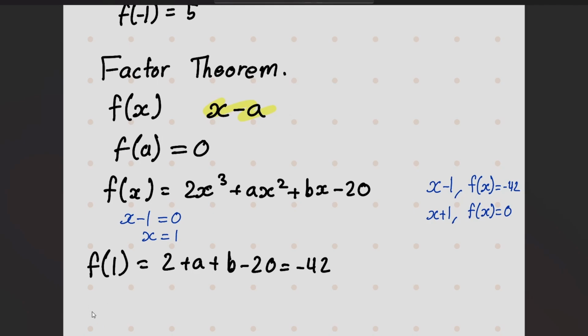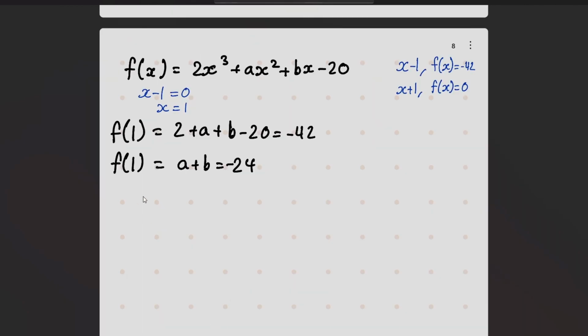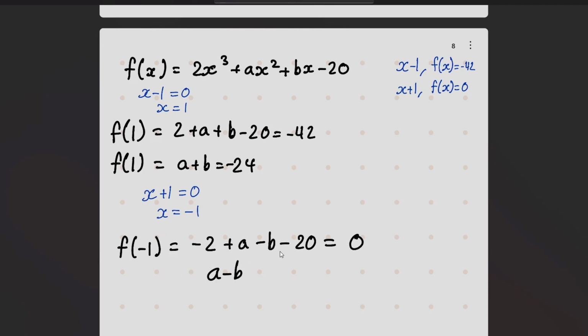And now you can clean this up and say now we work with x plus 1 is equal to 0. So in this case, x is equal to negative 1. And if you replace the function with negative 1, we'll be getting negative 2 plus a, negative b, negative 20 equal 0. So now you'll get a minus b equals negative 42 and 42.